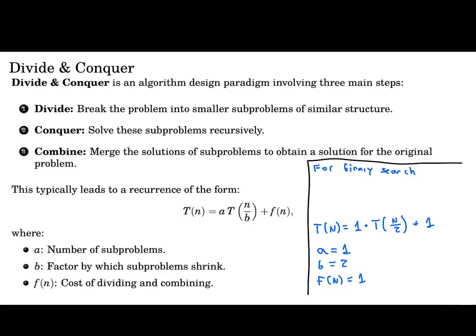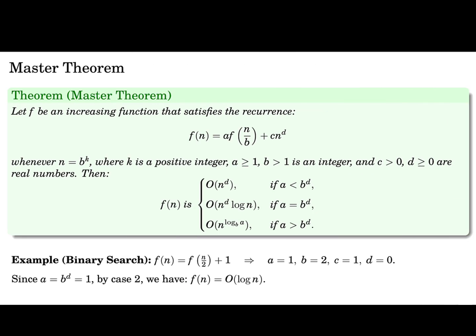Now we want a general way of dealing with things like this, and that's where we're going to use something called the master theorem. The master theorem is a very powerful theorem for solving recurrences that take this form.